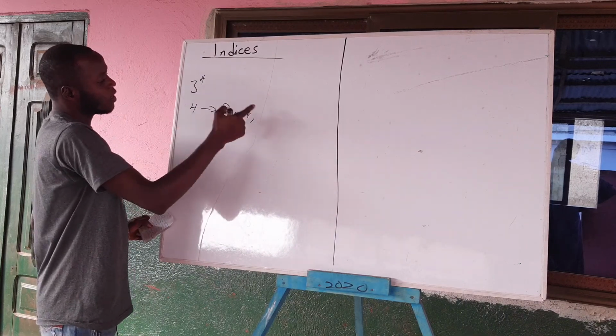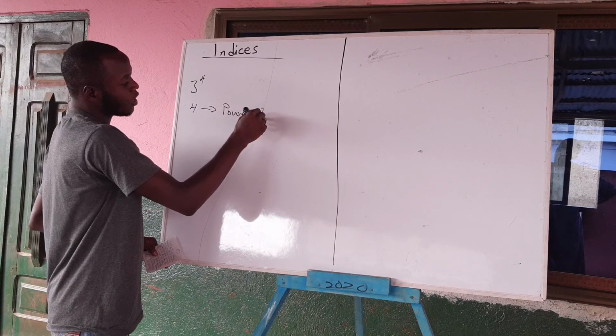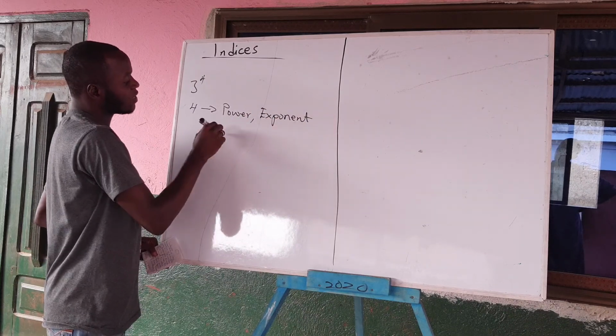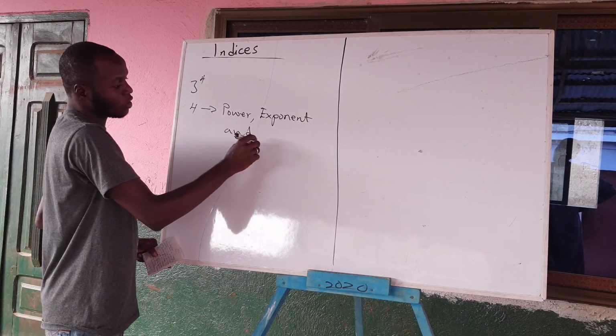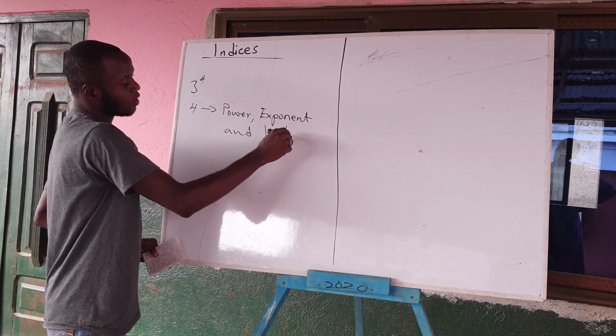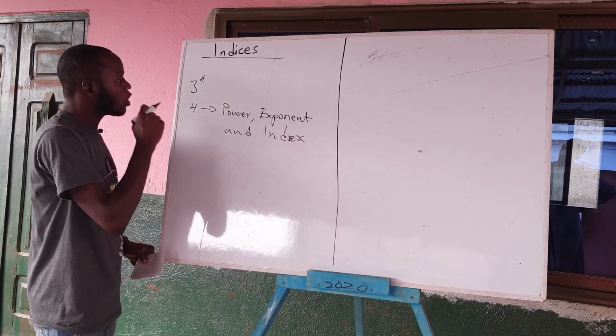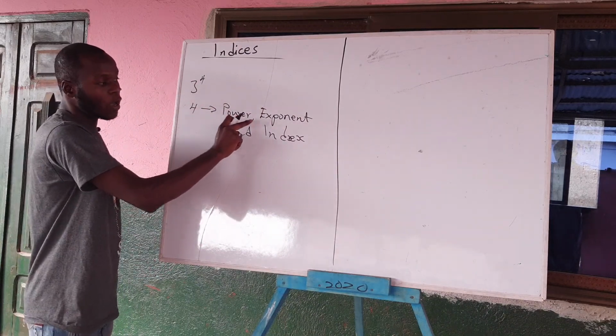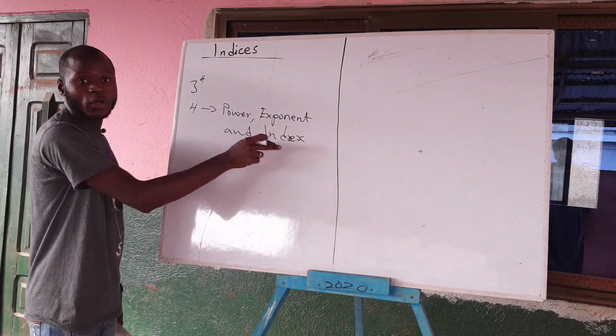It can also be called the exponent, and lastly it can also be called the index. So the small 4 on top of this expression can be called the power, the exponent, or the index.